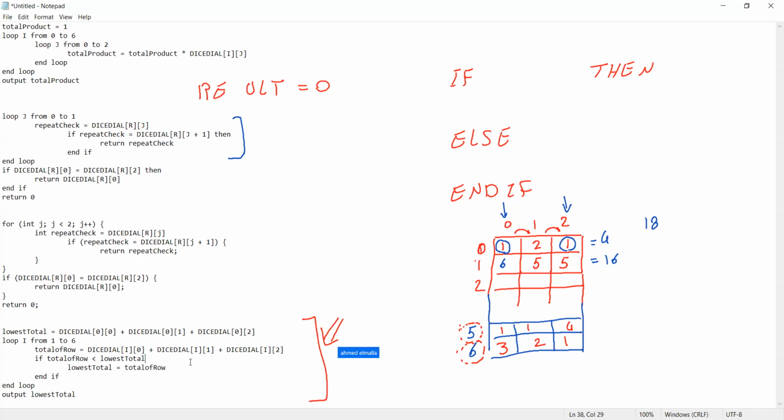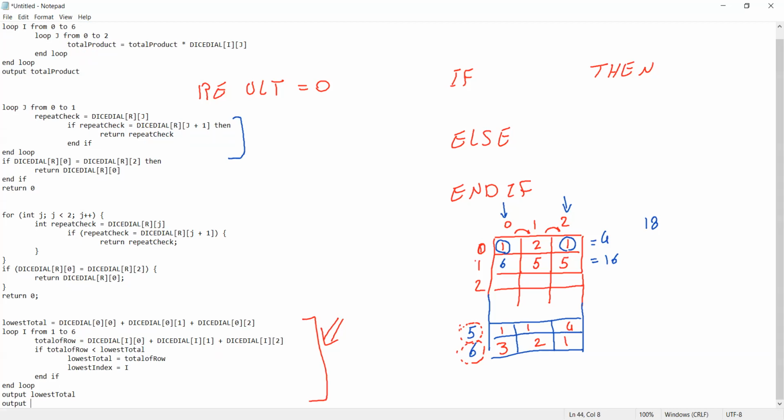I was thinking of doing it at the same time. I could do something like lowest index equals high or something like that, and output lowest index. Yes, I would agree with that only on one condition. If he asked to output one, in your case you will either output 5 or 6, not both.